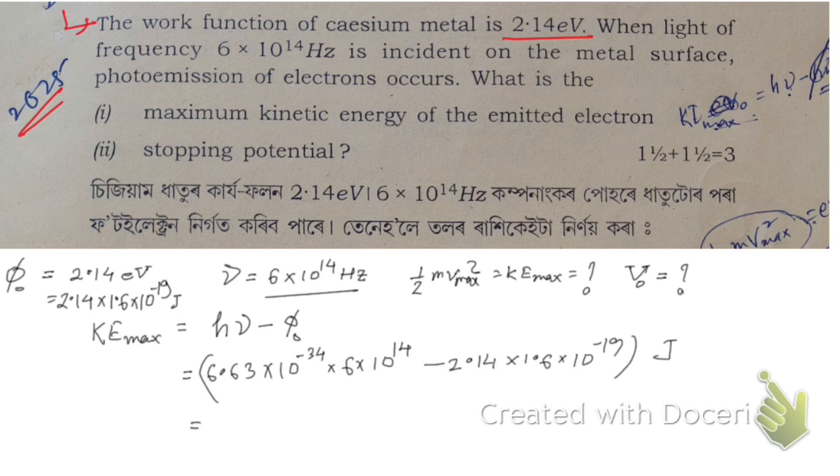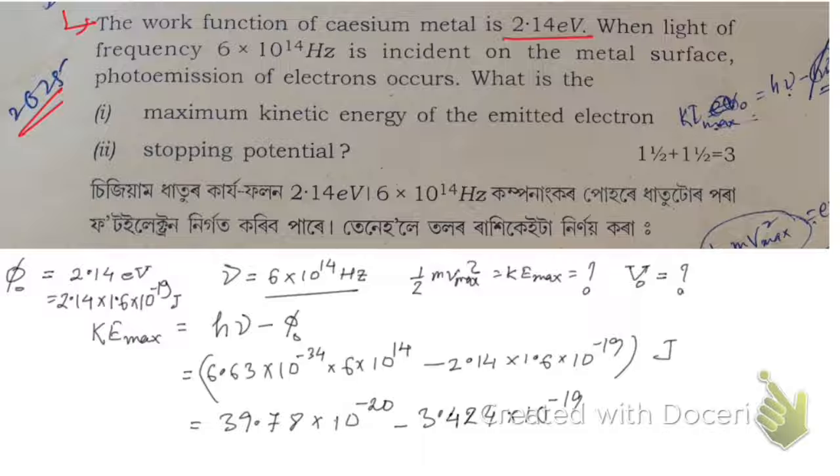So now it becomes 39.78 into 10 to the power minus 20, and let me multiply this to what we're gonna have, 3.424 into 10 to the power minus 19.